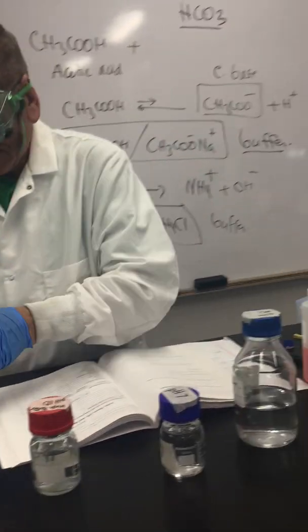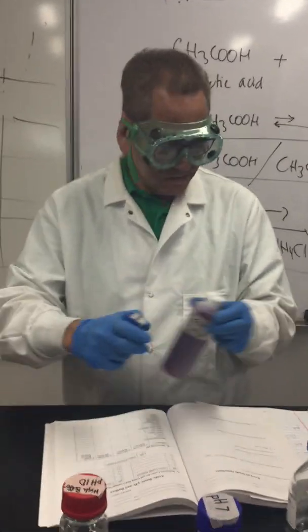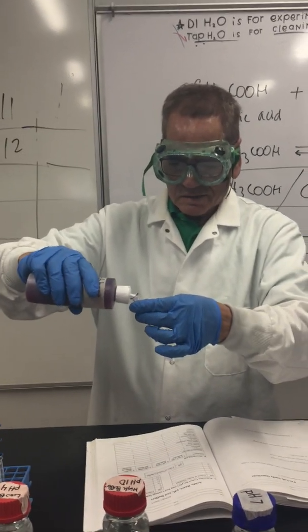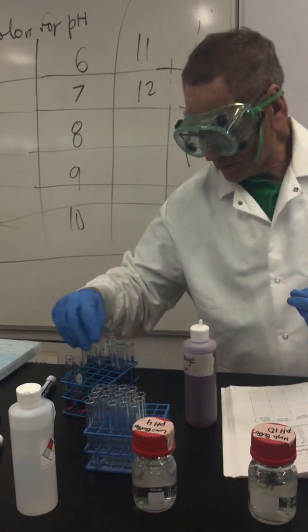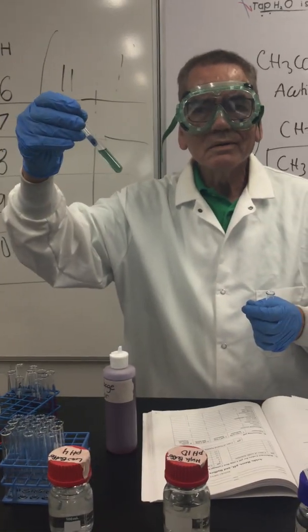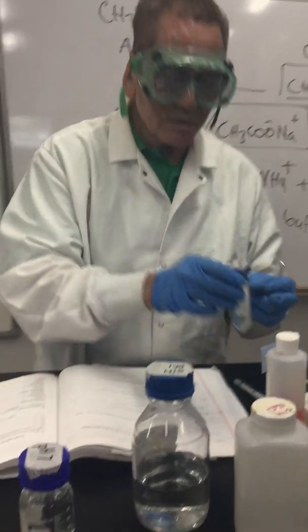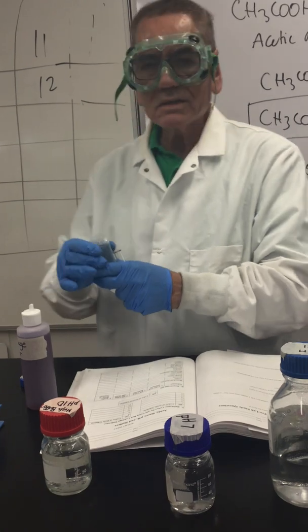Let me try something different. I'm going to add ammonia. What is ammonia, acid or base? Ammonia is ammonium hydroxide, so ammonia is a base. The bases, according to my reference, are in the blue area. So if my theory is correct, the ammonia will change the color to blue.